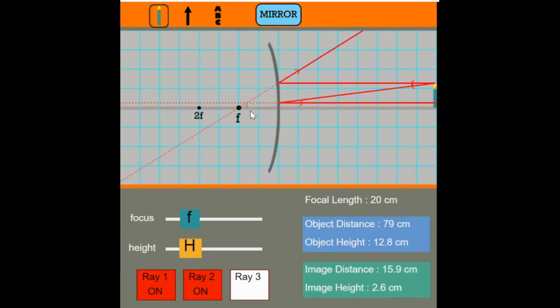Sorry, in the case of a concave mirror, when the object was kept between pole and focus, the image was a virtual image and it was also an erect image. Why is it an erect image? Because the image was formed the same as the object.